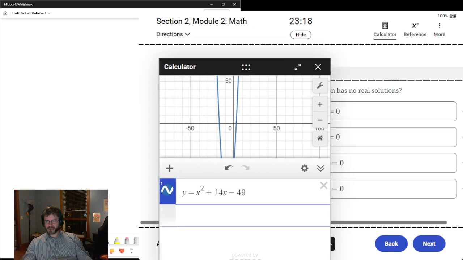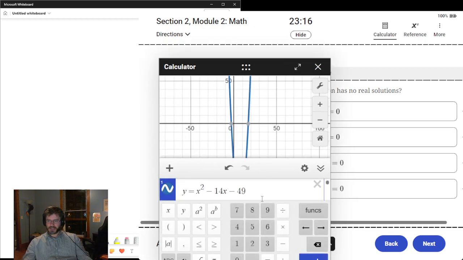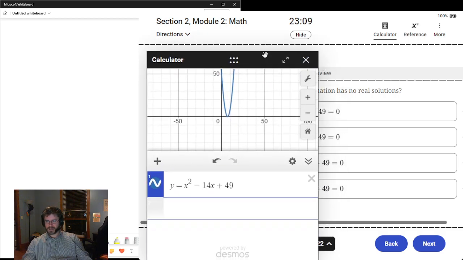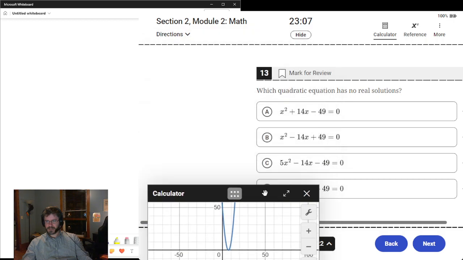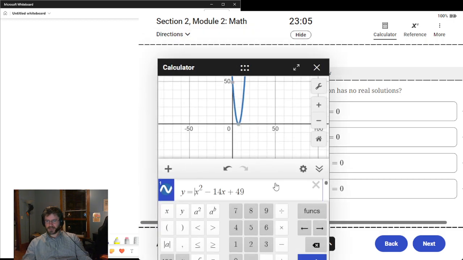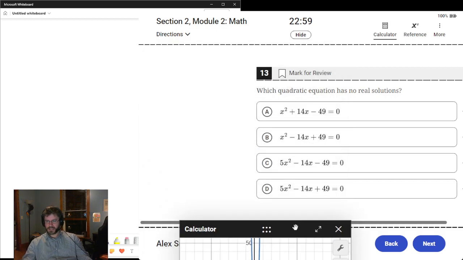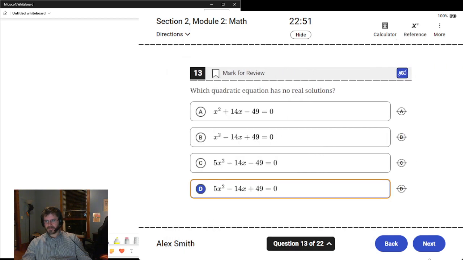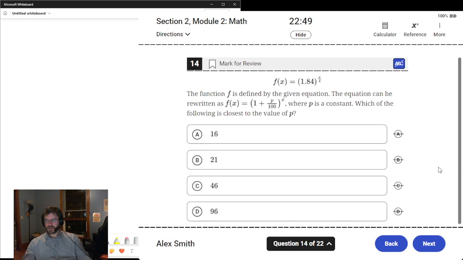Minus plus. I feel like I could have solved it by hand by now. 5 minus minus. I'm using all the right numbers, right? 5 minus minus has solutions. 5 minus plus. There it is. How did I miss that? Either way, that's the way to do it. Don't overthink this stuff.